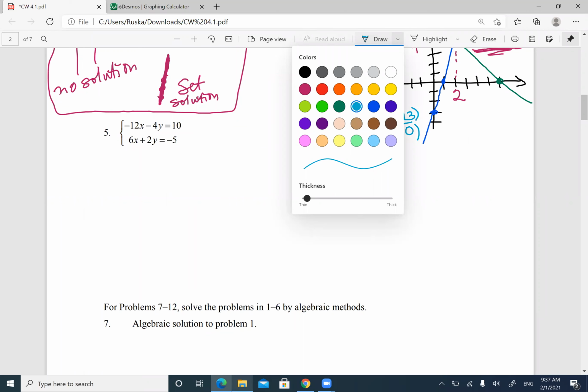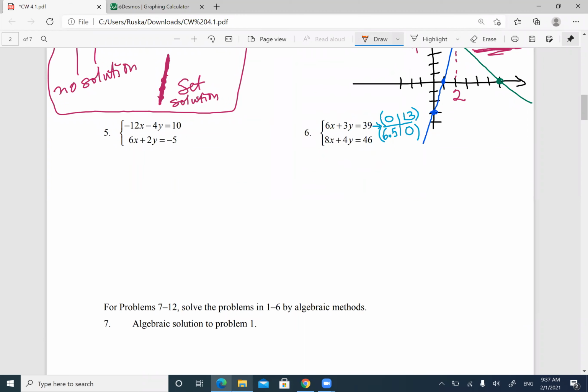Now let's go ahead and do the second one. For the second one, I'm going to pick again 0 for x and 0 for y. When I replace x with 0, this is 0, and I'm going to divide both sides by 4. 46 divided by 4 is 11.5.